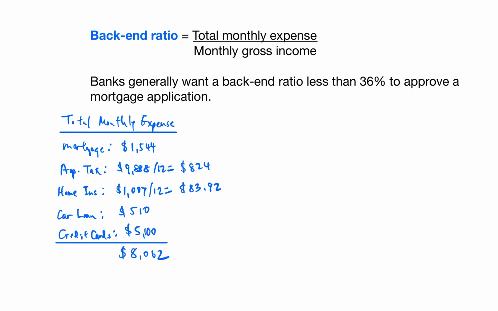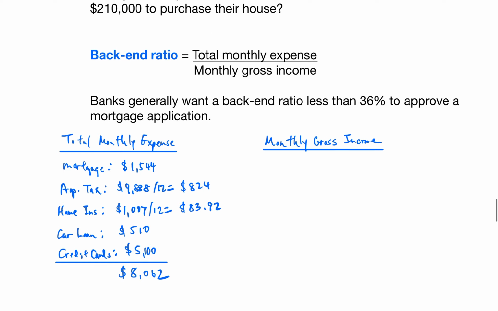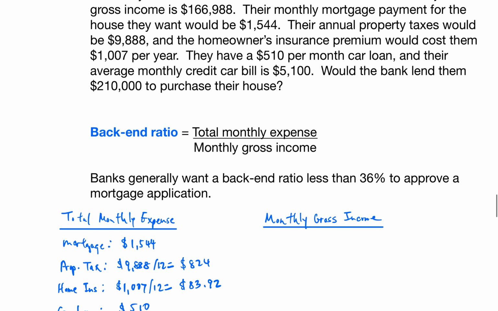And our monthly gross income is going to be $166,988, and that's going to be divided by 12, and that's going to work out to $13,915.67.